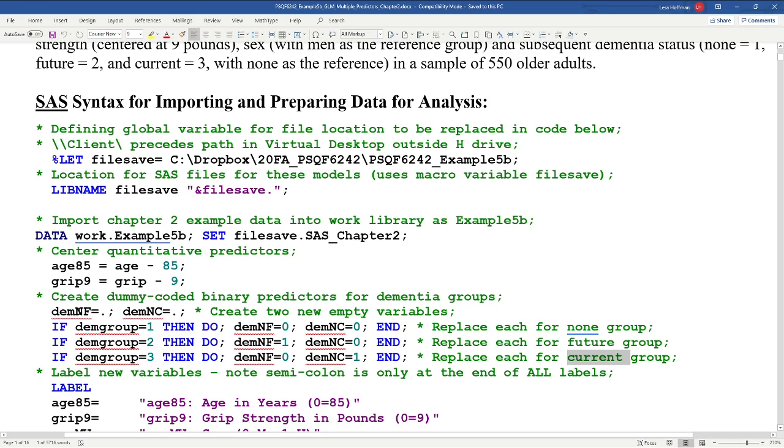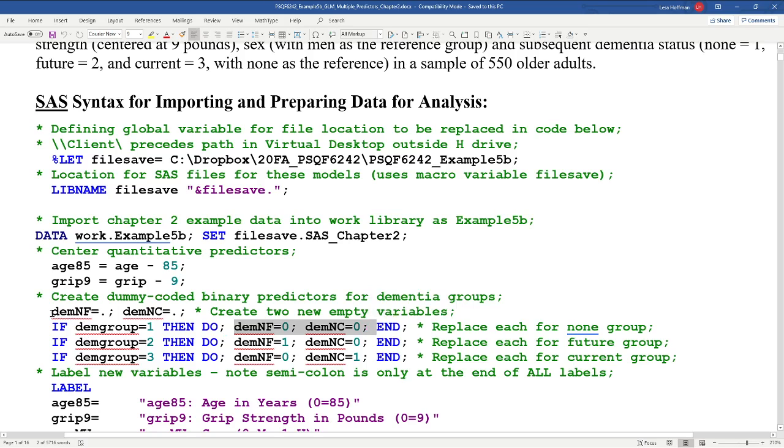So I am going to have dem_nf as one of my variables, which is going to stand for none versus future, and dem_nc, which is going to stand for none versus current. So if group equals 1, I'm going to create two new variables. Actually, I'm going to replace values for the two new variables I've already created.